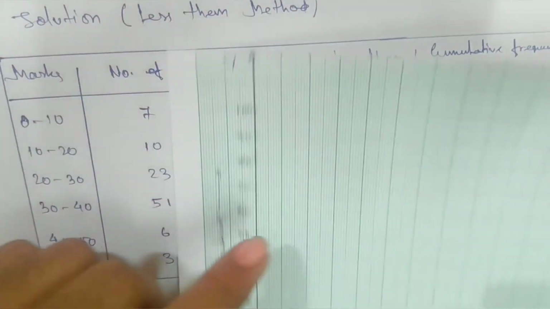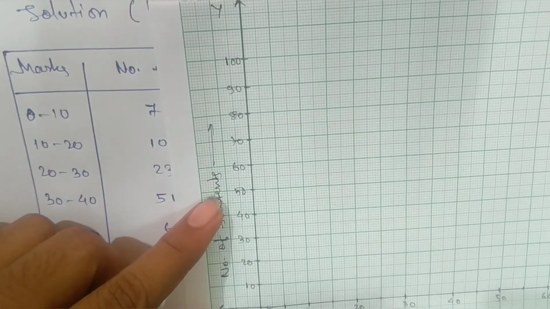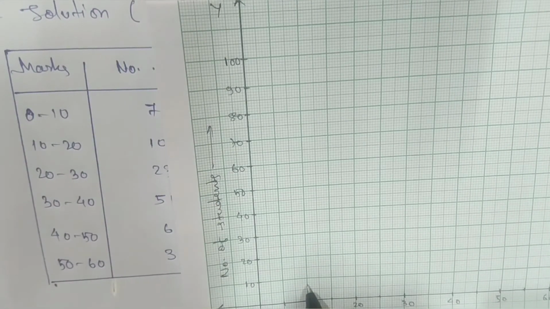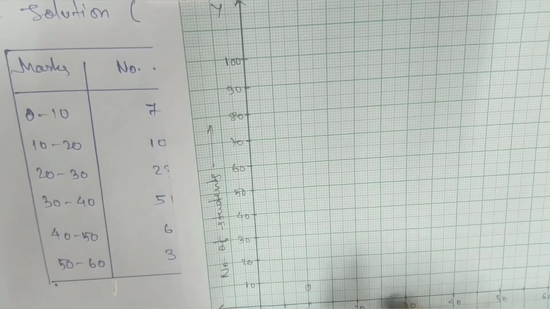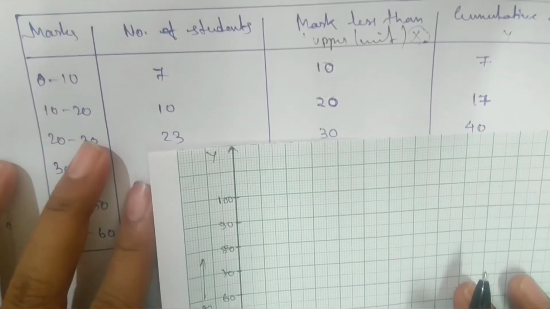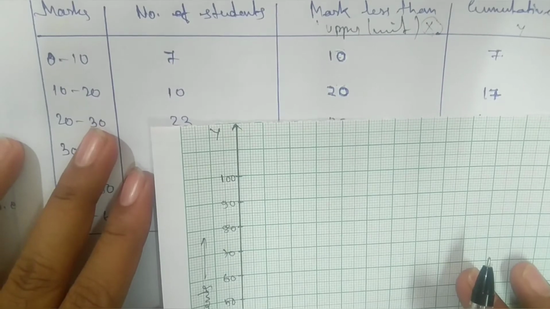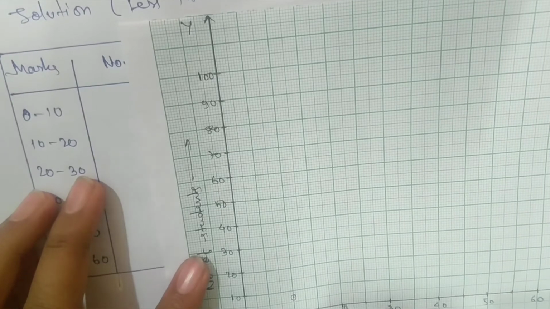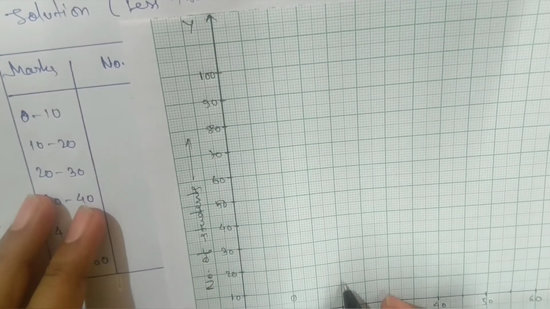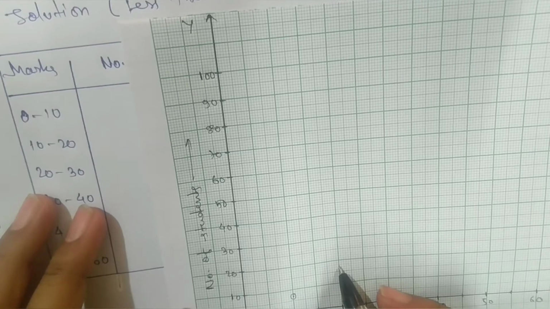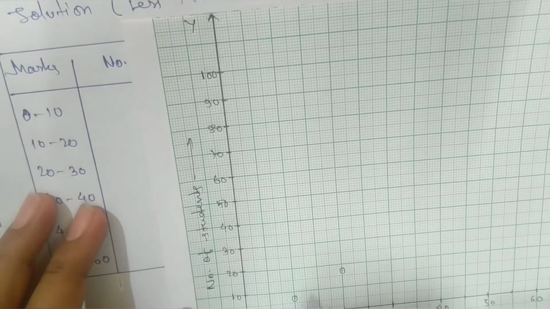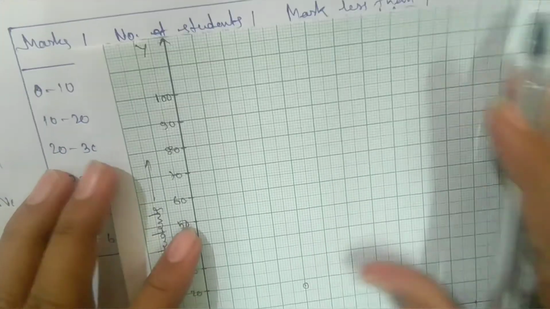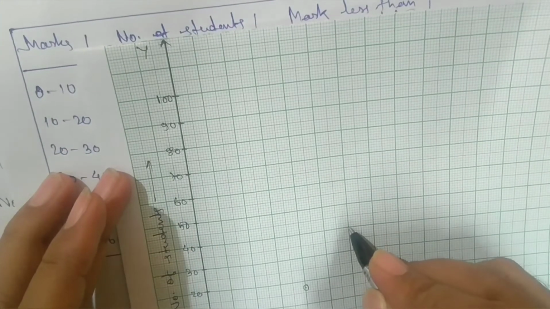Now we're going to plot which one? (10, 7). So here we have 10 on the x-axis, and then we need to go for 7. So here we have (10, 7). Next, we have (20, 17). That means go to 20 on the x-axis and then 17. Where is 17? Here. Take a point, circle it. Next is (30, 40). So 30 and then 40.